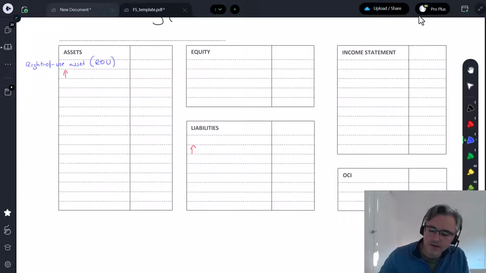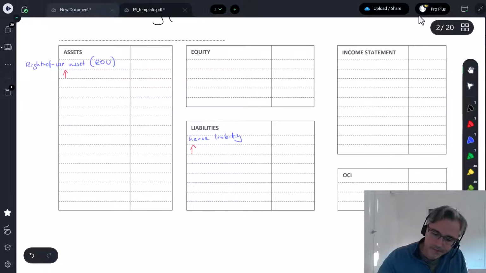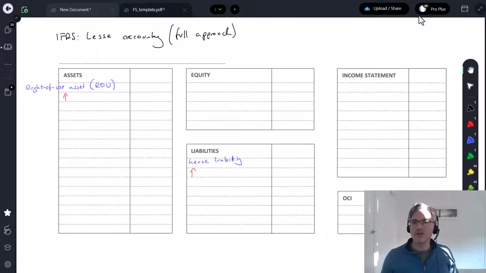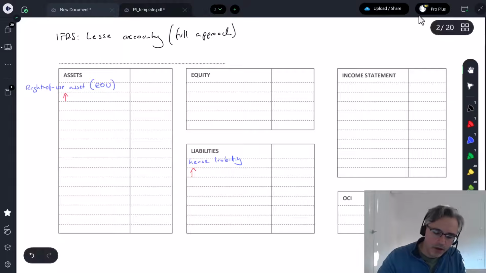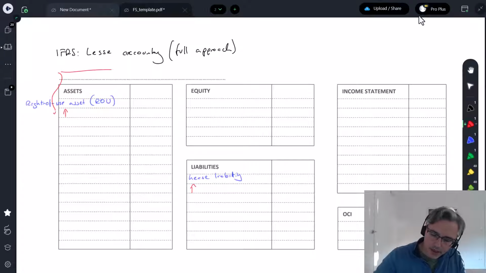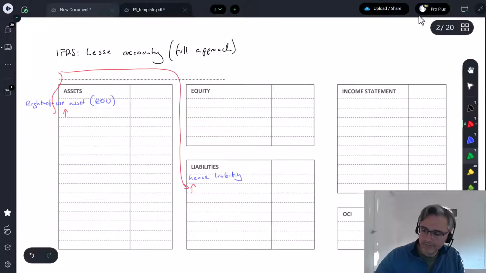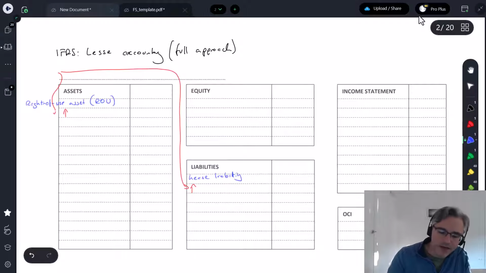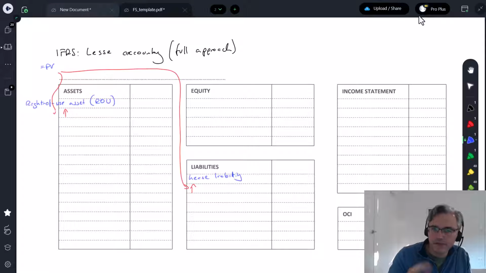Within liabilities, you will create something called a lease liability. Initially, when you first recognize this, when you introduce these two items into your balance sheet, you record them at precisely the same value. So this and this are two parts, the debit and credit in what is otherwise the same entry. It's equal to the PV, the present value of those future lease payments.